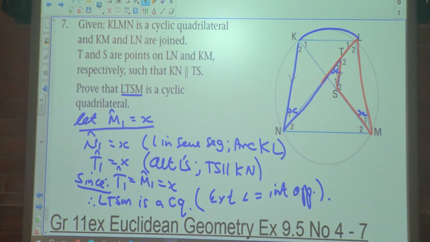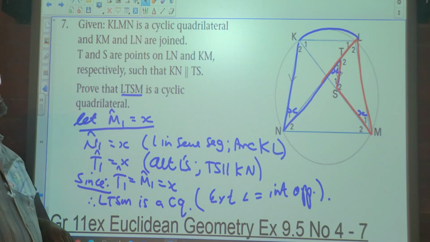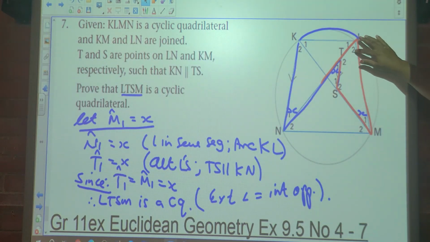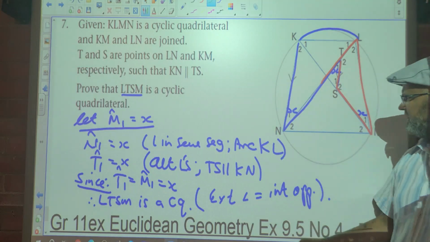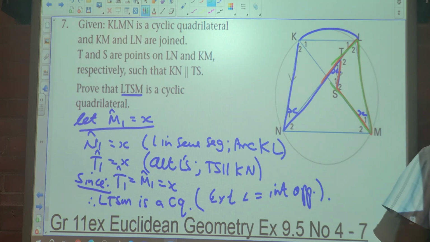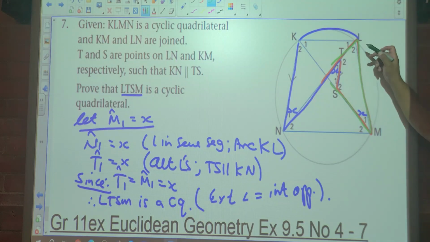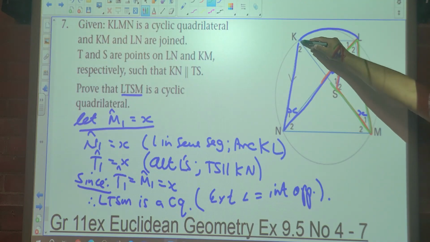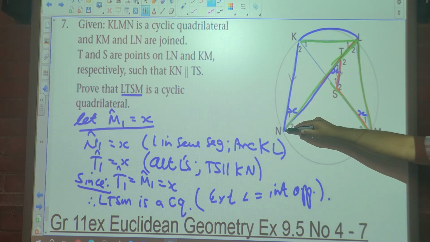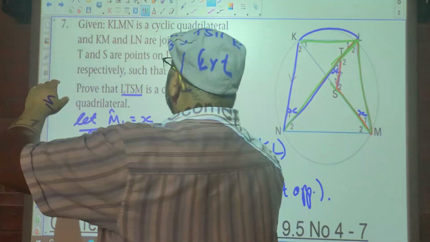Yes? Can you say M1 equals L2? So M1 is equal to L2. Why? Co-interior. How do you get co-interior? Does that look co-interior to you? Wait. You're too fast.